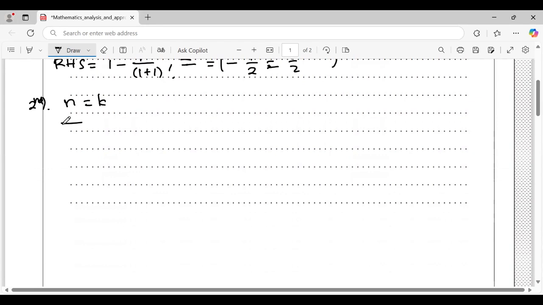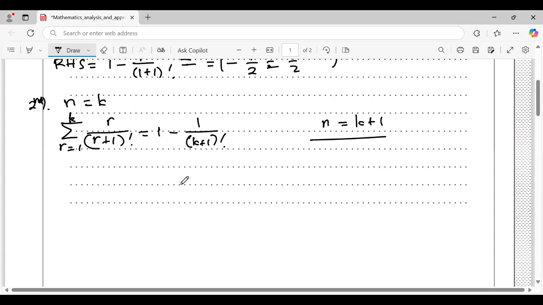So it means that the sum from r equals 1 to k of r over (r plus 1) factorial is 1 minus 1 over (k plus 1) factorial. Okay. So we need to prove that the statement holds for n equals k plus 1.